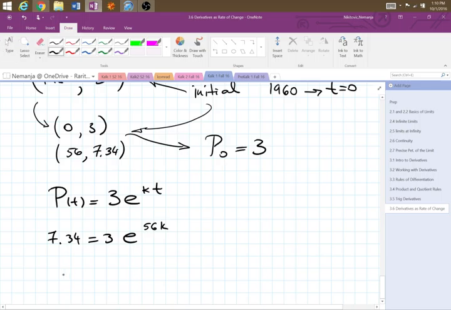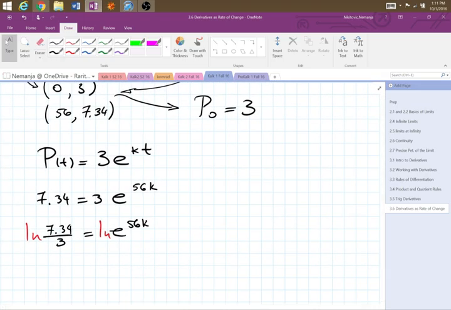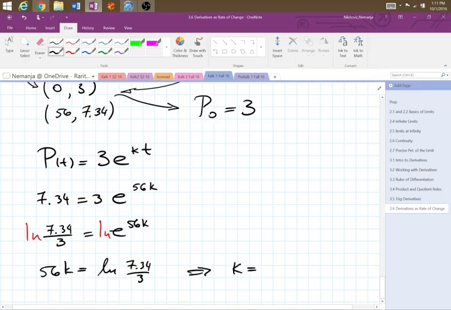So we have 7.34 divided by 3 is equal to e to the 56k. And we ln both sides to get closer to k. So 56k is equal to ln of 7.34 over 3, from where we get that k is equal to ln of 7.34 divided by 3, everything divided by 56. And that's going to be a number.